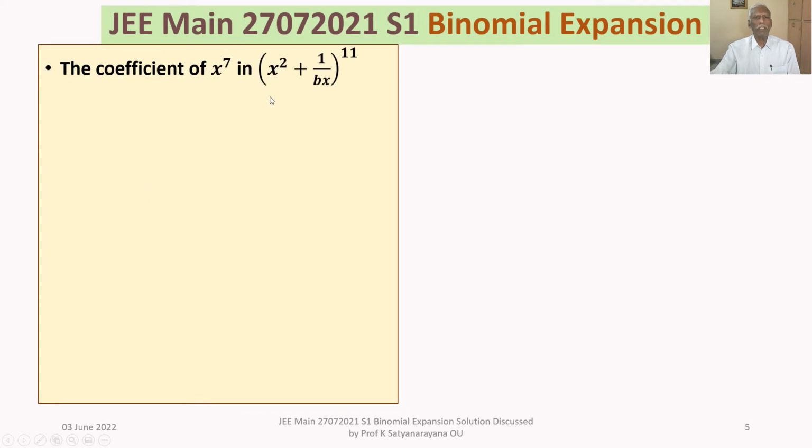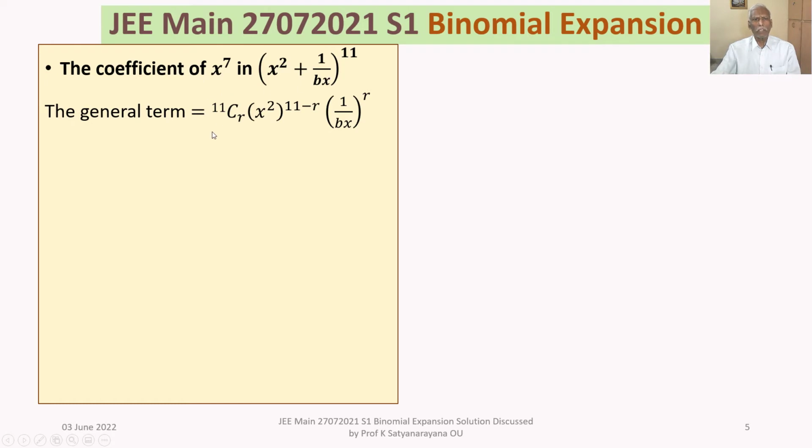We first take the first binomial expansion, (x square plus 1 by bx) to the power of 11. In that, we want to calculate the coefficient of x to the power of 7. The general term in the binomial expansion (x plus a) whole power n, where n is a positive integer, is given by nCr into x power n minus r into a power r.